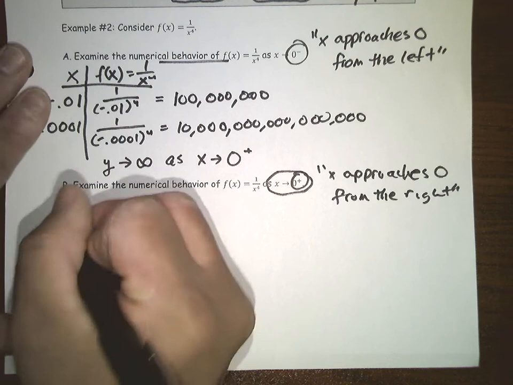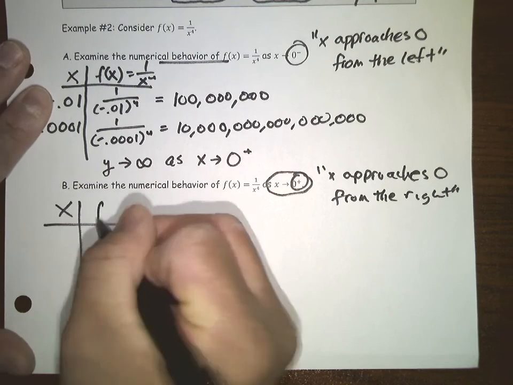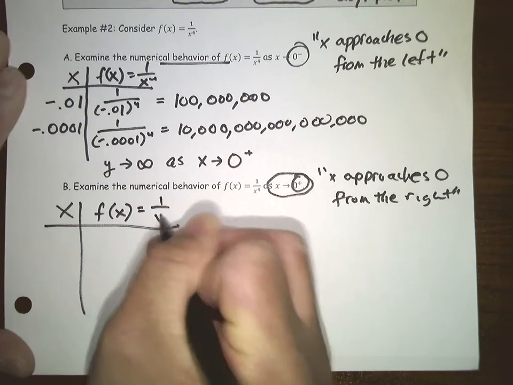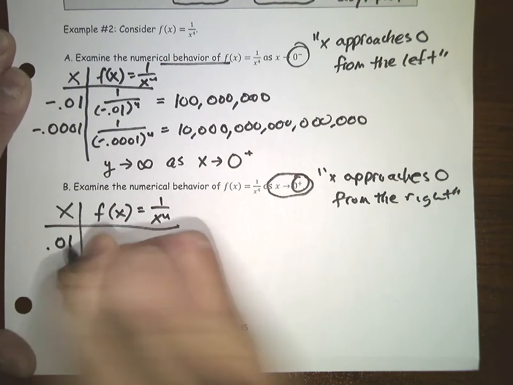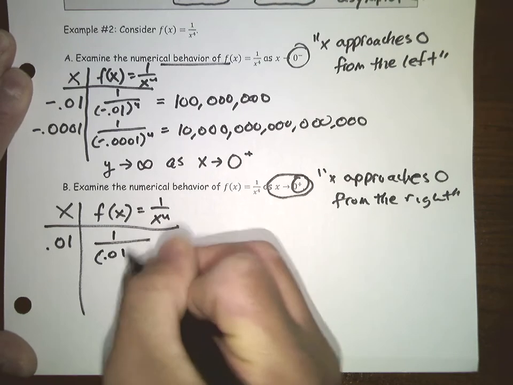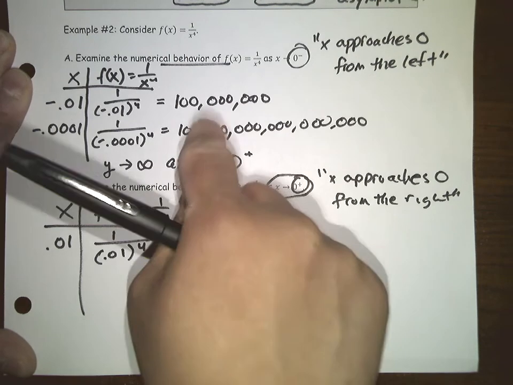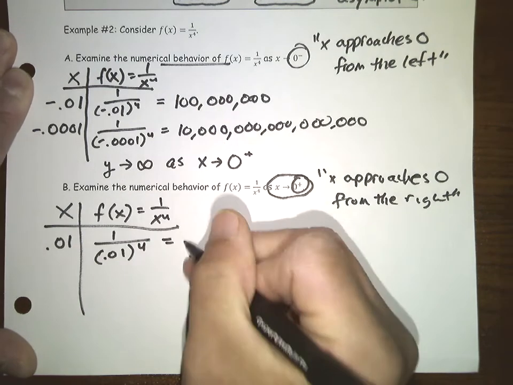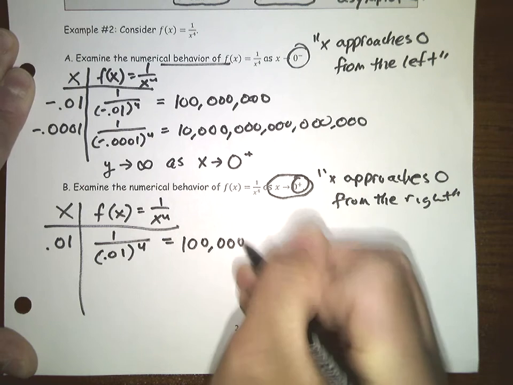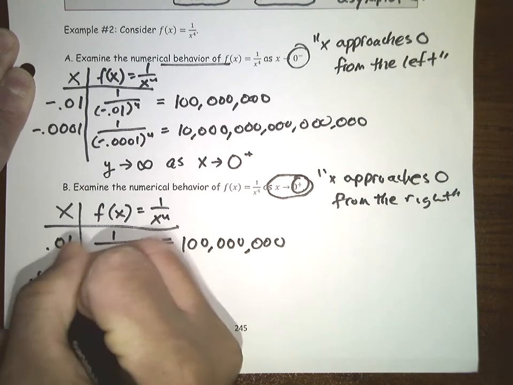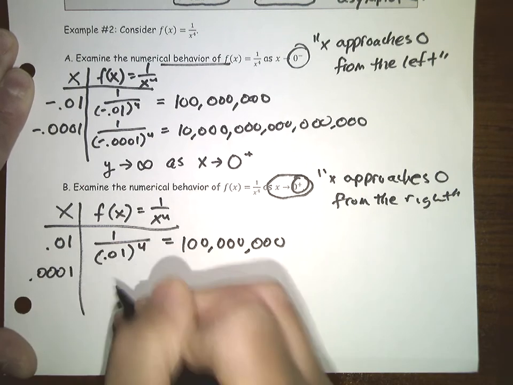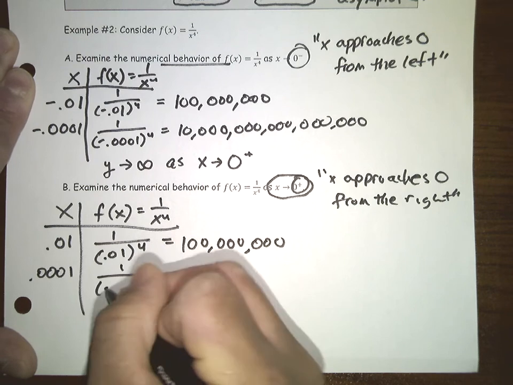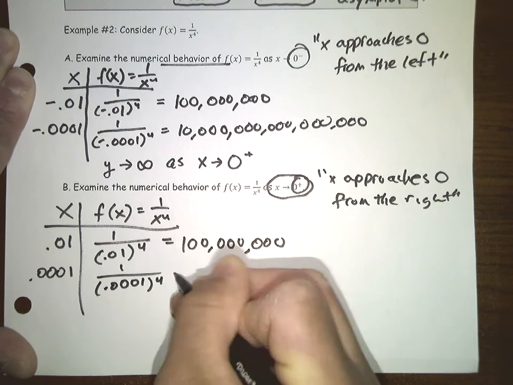So that might be x, and then f of x equals 1 over x to the fourth. If I pick 0.01, I have 1 over 0.01 to the fourth. Well, I should get the same answer as up here. So that would be 100 million again, and then the same thing for 0.0001. You should get the same answer as before.